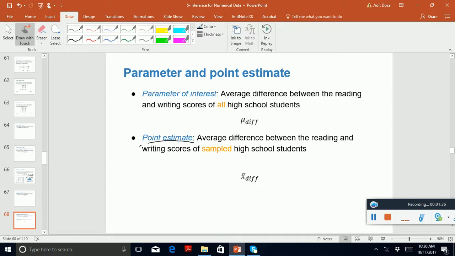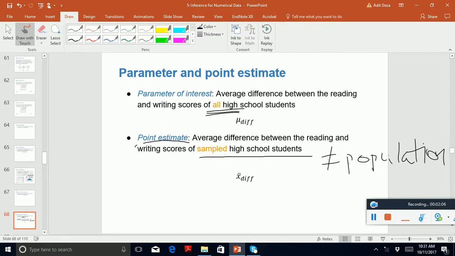Whenever I talk about point estimate, it's always sampled. And the parameter of interest is all high school students, so it's highlighted. Whenever I say it's a point estimate, you should know that it's coming from the sample data. It's not the population. So this is not population data.